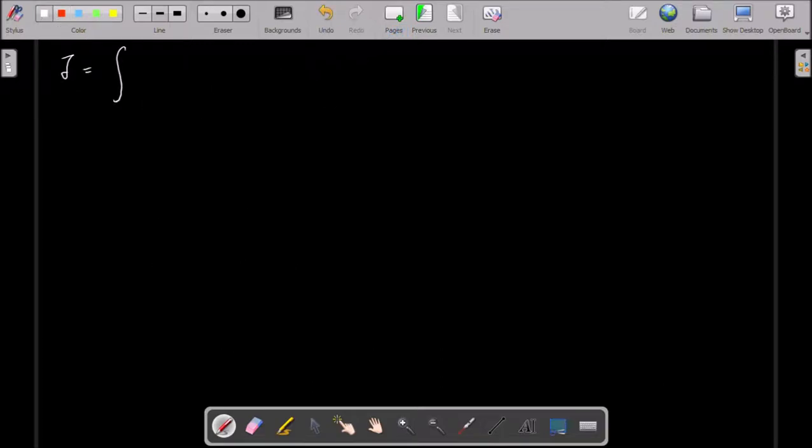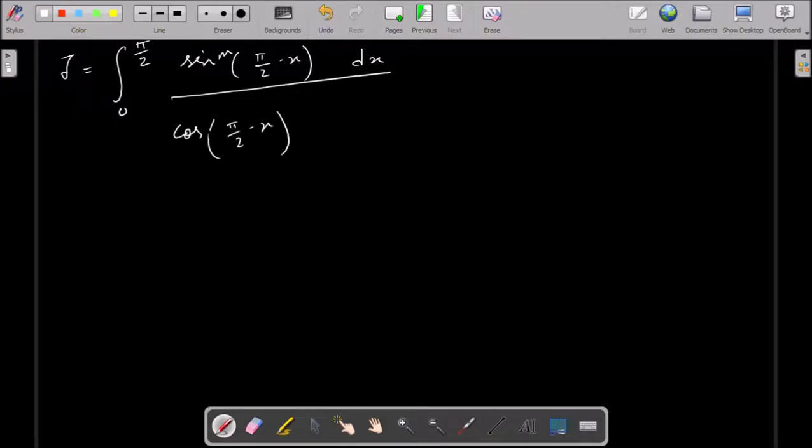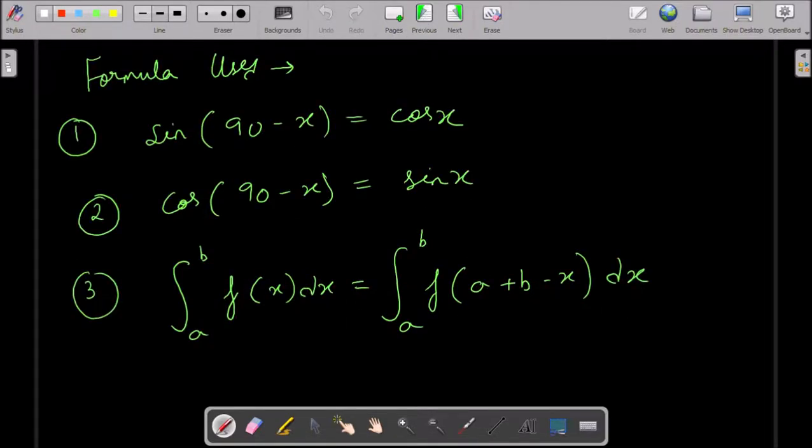I equals 0 to pi by 2 sin 90, or we can write pi by 2 only as it is, minus x to the power m upon sin 90 minus x to the power m plus cos 90 minus x to the power m. Now here we have to use the formula, formula 1 and formula 2.